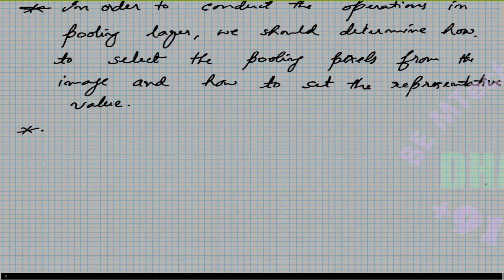So the next point is this. The neighboring pixels are usually selected from a square matrix.